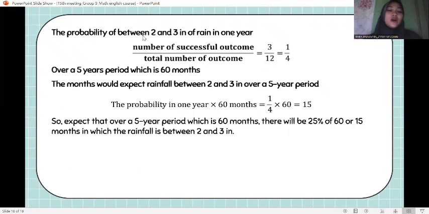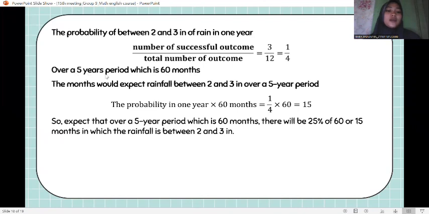So the probability of between 2 and 3 in of rain in 1 year equals number of successful outcomes over total number of outcomes equals 3 over 12. Simplifying, it equals 1 over 4.